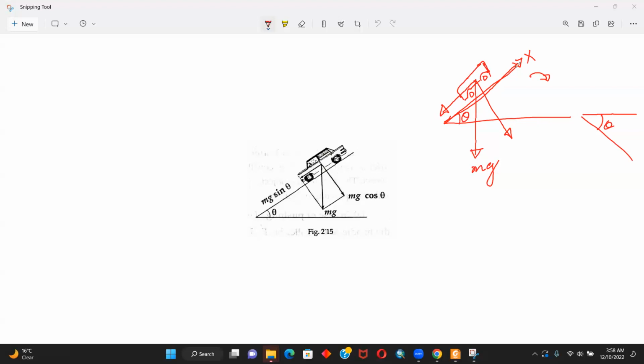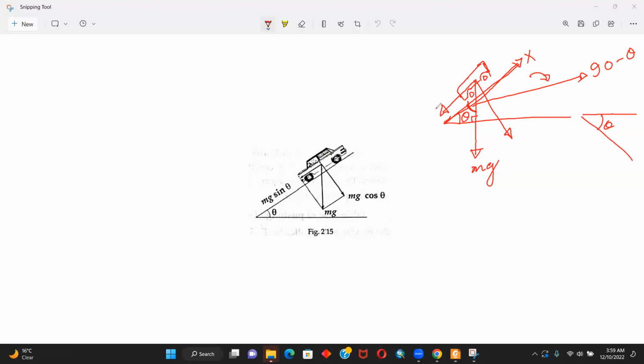Isn't this the angle between mg and the x-axis? This is the x-axis and this is mg. So this is 90 minus theta, right? Why is it 90 minus theta? You might ask. This is 90 degrees, this is theta, and this is a right angle triangle. So this will be 90 minus theta, because the total summation of all the angles in a triangle is 180 degrees. Understand my point?